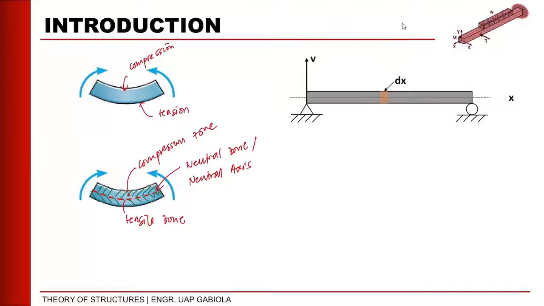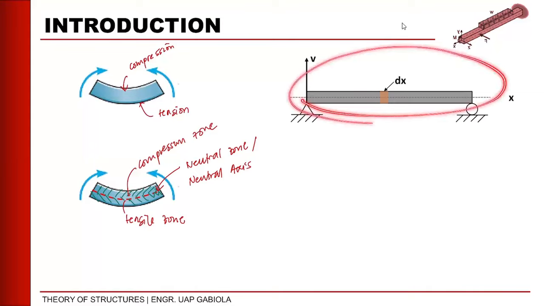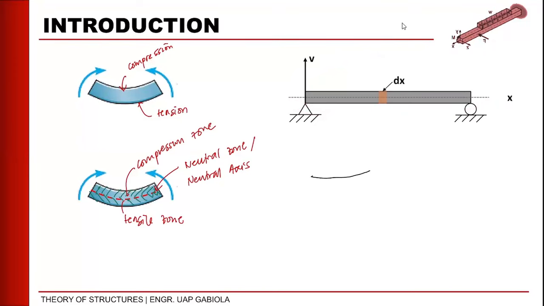So let's consider a beam ulit, yung same beam natin. And then we consider a small segment ng beam natin. Sabihin natin, i-cut natin to. Then when we try to load this beam, ano yung magiging kanyang deflection? Pag nag-deflect yung beam na yan, exaggerated lang to, no? Pwedeng ganyan yung deflection niya.